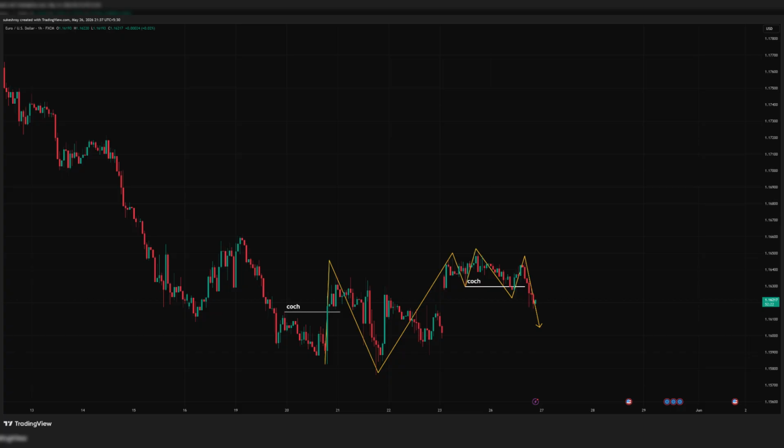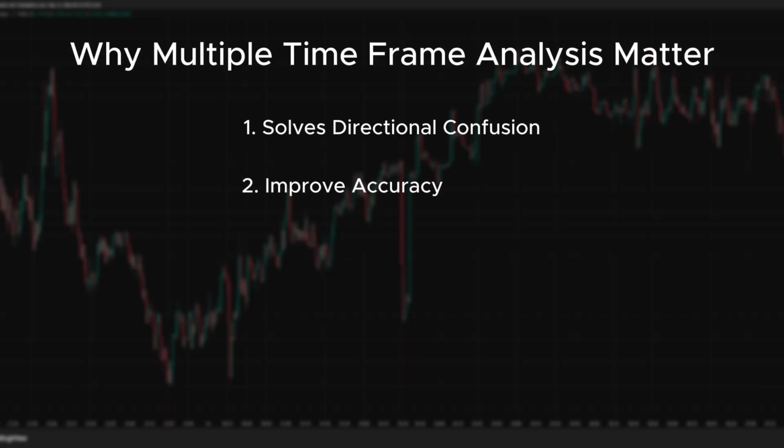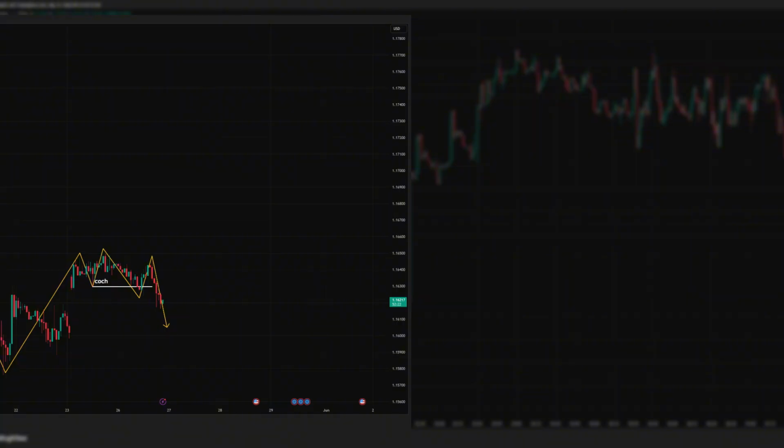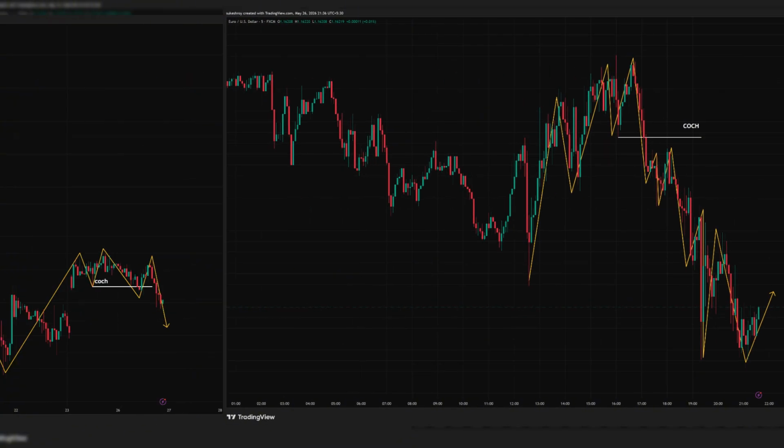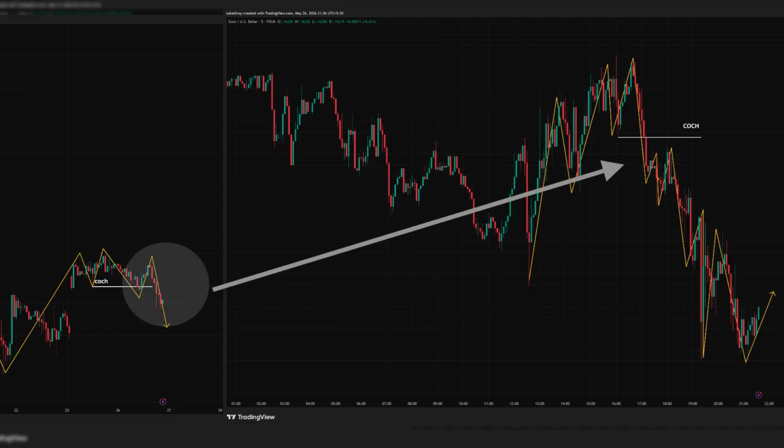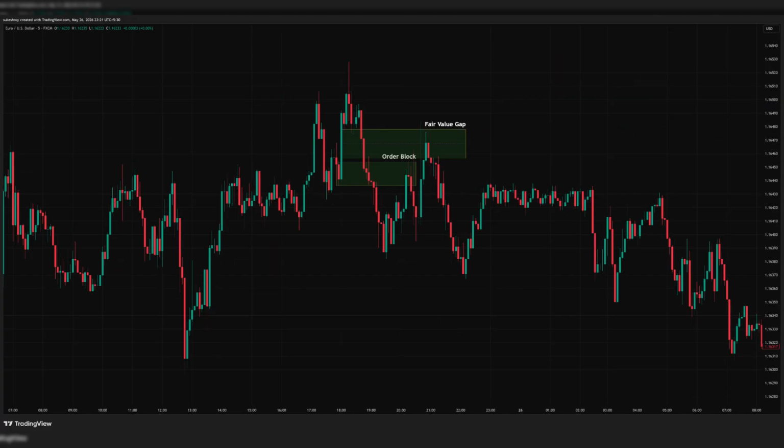Two, it improves accuracy. A small move on a higher time frame can create a massive reaction on lower time frames. That's why checking higher time frame levels before entering a trade is extremely important. For example, imagine price creates a strong bullish setup on the 15-minute chart.